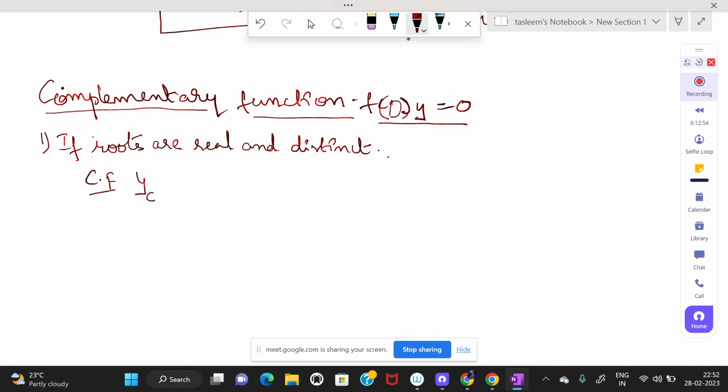It's denoted by y suffix c, which is equal to c1 e to the power of m1x plus c2 e to the power of m2x plus c3 e to the power of m3x, and so on, till cn e to the power of mn x. Here your m1, m2, m3, and so on till mn are the roots.